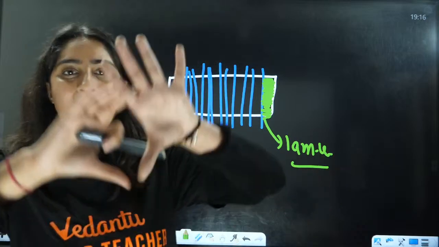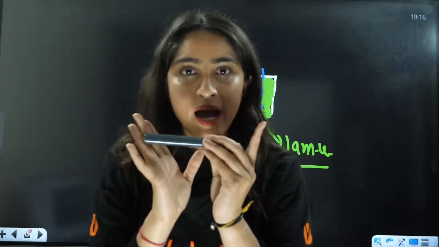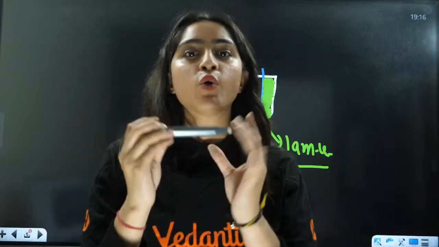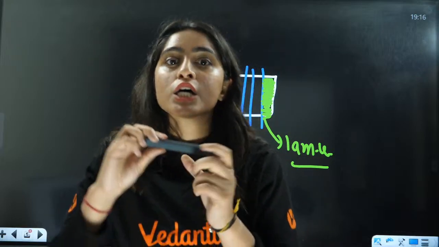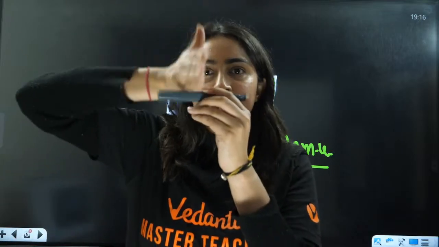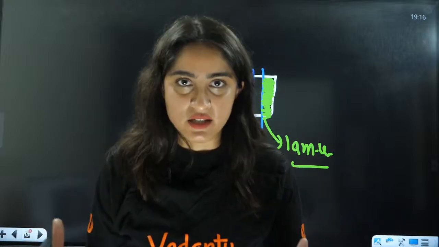That means if I have a box, let me take this marker, I have this pencil. Suppose this is the carbon 12 isotope. So I'll say 1 atomic mass unit is, I'll divide it into 12 parts, and I pick that one part. For example, you have one cake, or you have one pizza, okay?